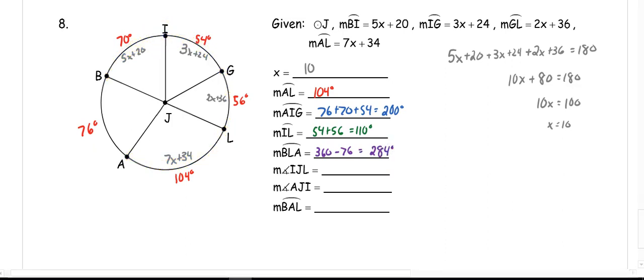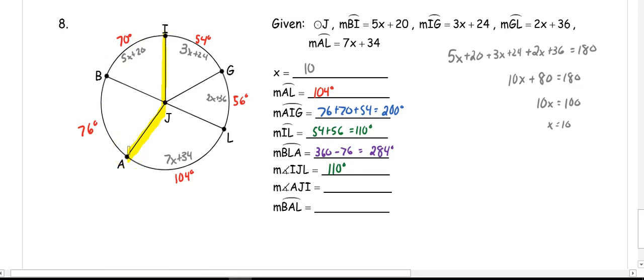The next angle is IJL. So it wants that whole arc, which is the central angle to IL, and we already know that IL is 110 degrees. So this is also going to be 110 degrees. Our next angle is angle AJI, which is incorporating arc AB and BI.